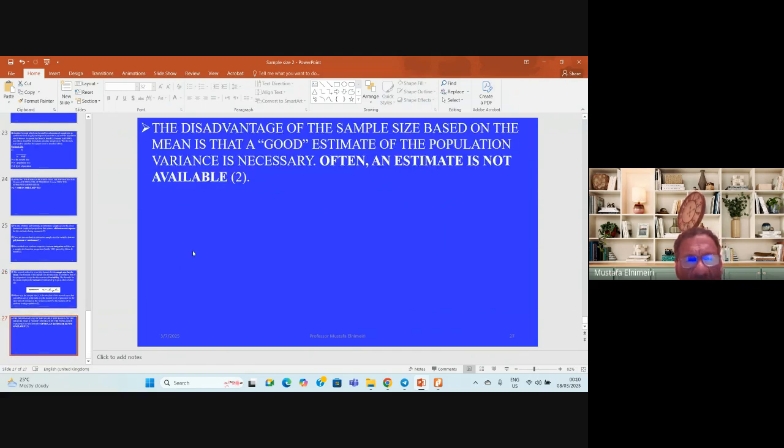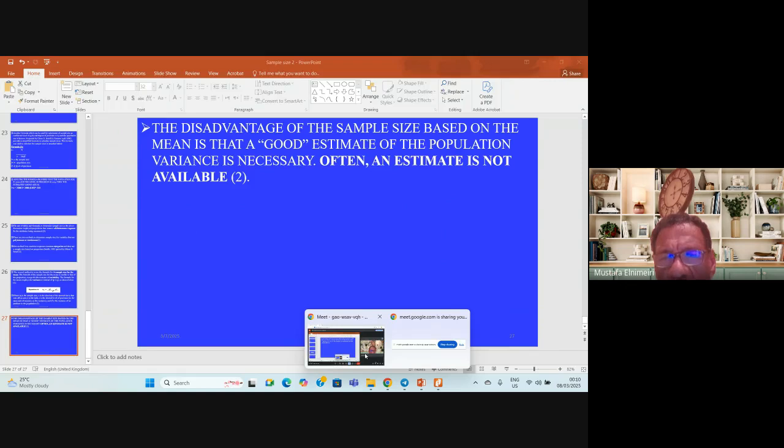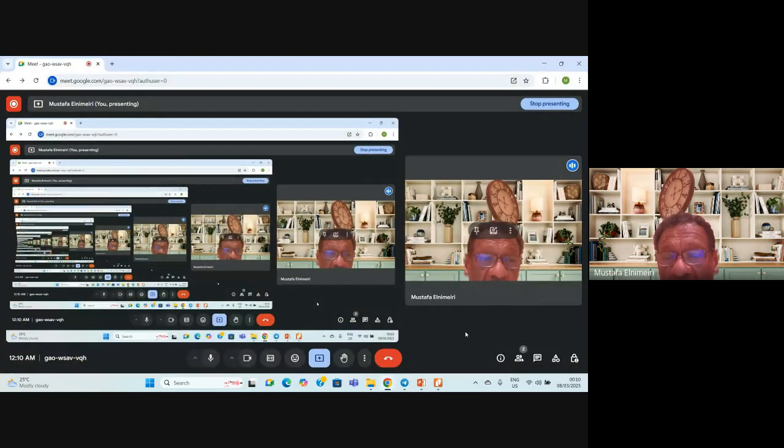The disadvantage of this sample size based on the mean is that a good estimate of population variance is necessary, and often such an estimate is not available. So it is not commonly used by researchers to estimate the sample size.